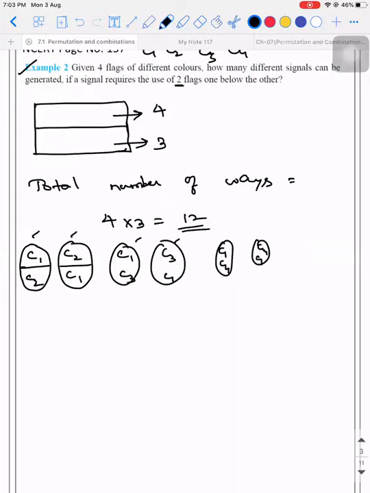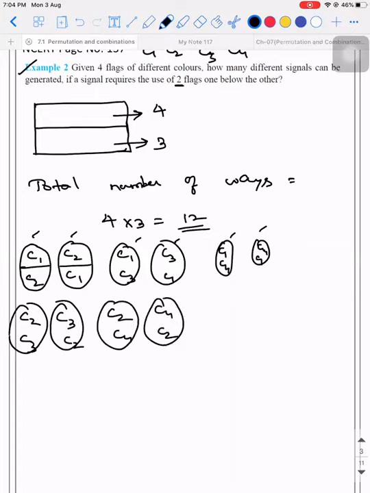1, 2, 3, 4, 5, 6. Now tell me, what can I think of? C2, C3, C3, C2, C2, C4, C4, C2. Next.